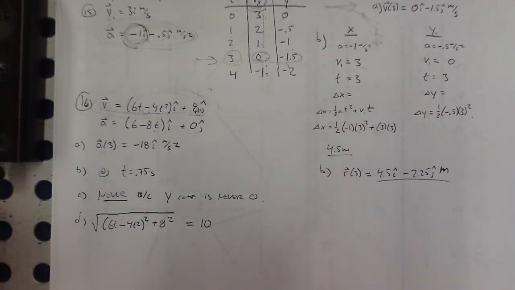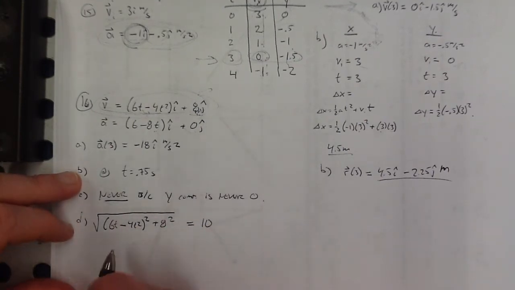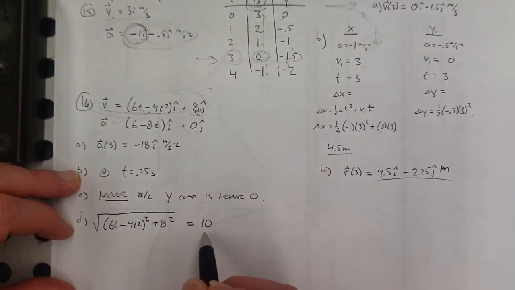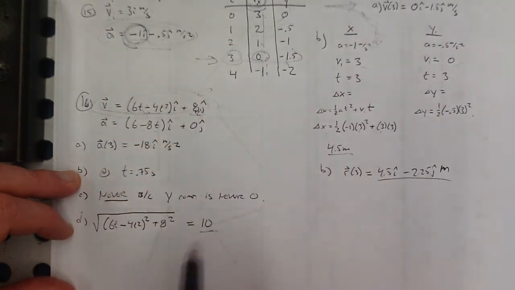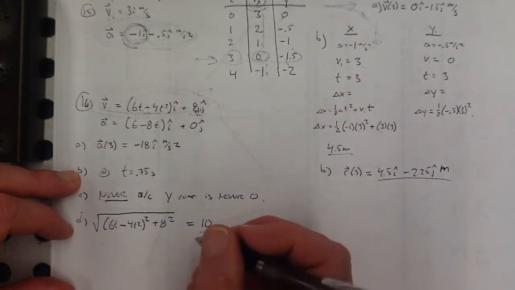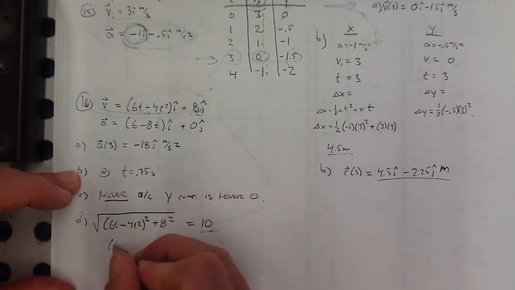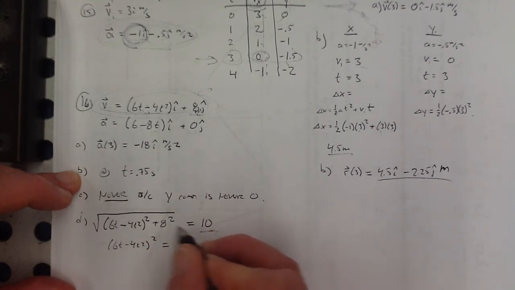So you have to do some math now. There's ways of doing graphing stuff with your calculator. There's also a really intuitive way of realizing that if I want this hypotenuse to have a magnitude of 10, and this is 8, this must be a 6, 8, 10 right triangle. That would be clever. Or you can just do algebra and square both sides. 6t minus 4t squared is equal to, that's 64, subtract that over here, 36.